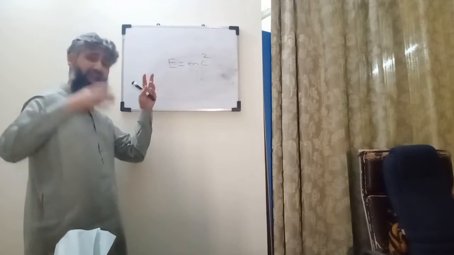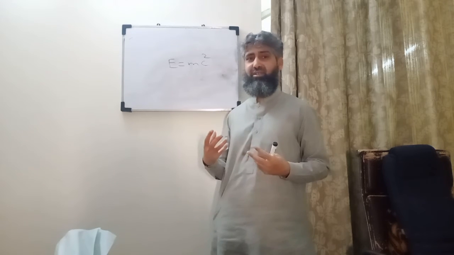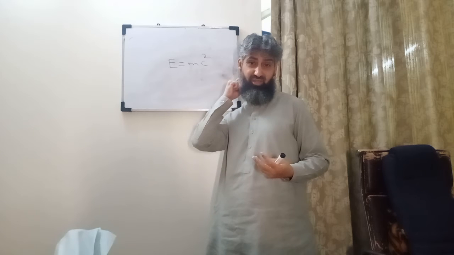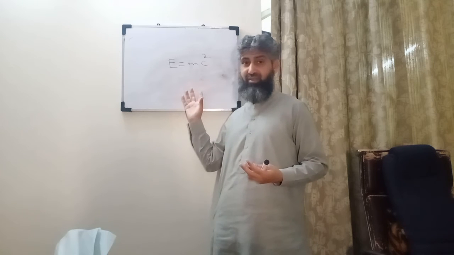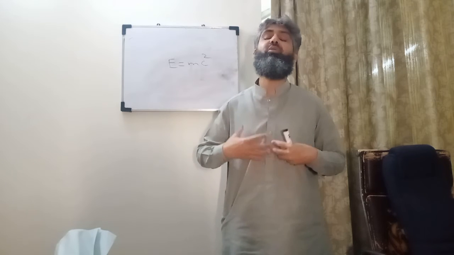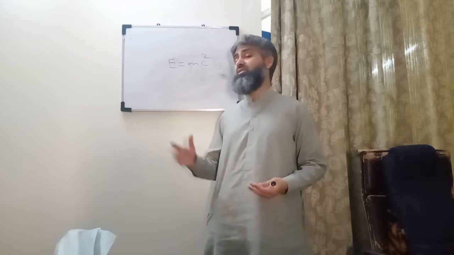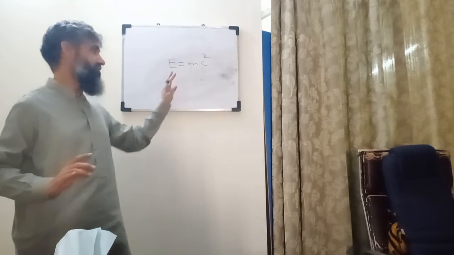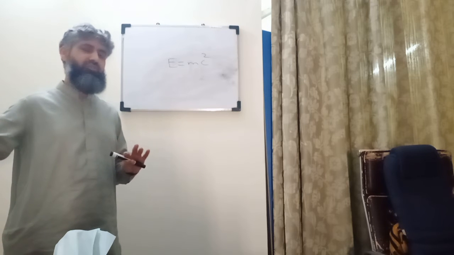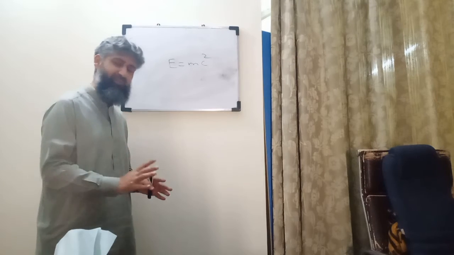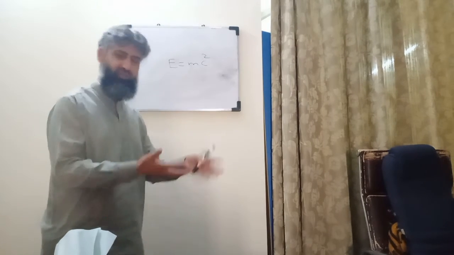And if he says that I had a vision last night and I couldn't sleep and I saw light and it was written on a tablet that E is equal to mc square, and he explains this theory this way, that this was my method, I know it is true, then his claim might be true, but we will reject it as not scientific. This can be true or false, that is another thing. So to claim that this theory is scientific, it must be reached through a particular method. There are many theories which have been rejected, but they are still scientific because they were accepted and then finally rejected on the basis of a particular method.